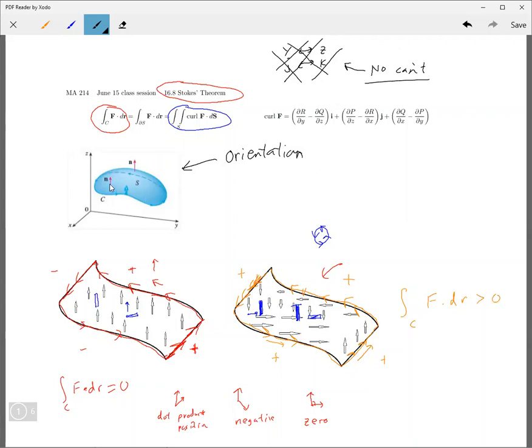One is with the normals pointing up, and the other is pointing the opposite way, down. In another situation it might look different, but here the normals appear to be going up, and there's another orientation which is down.